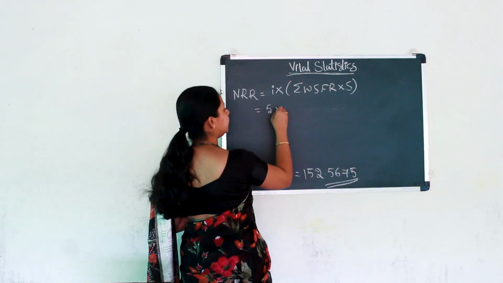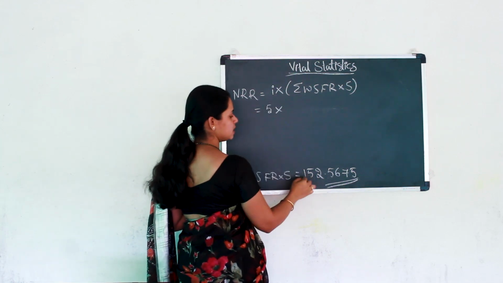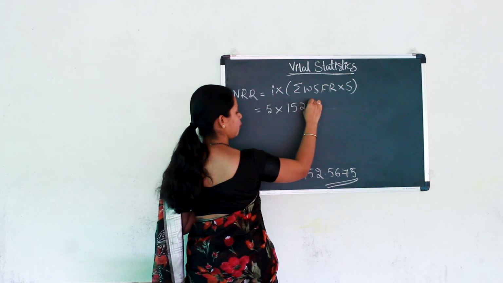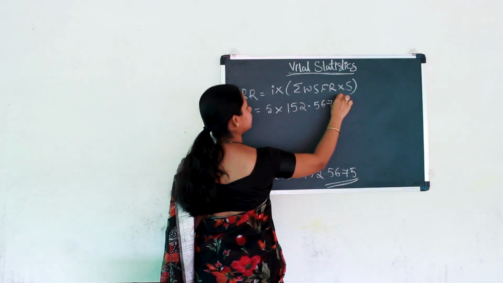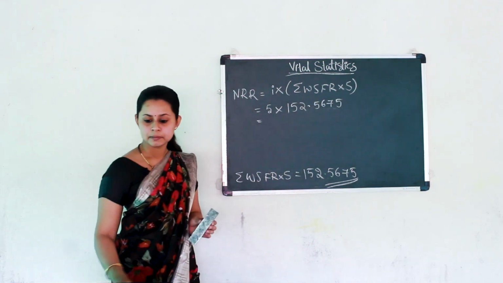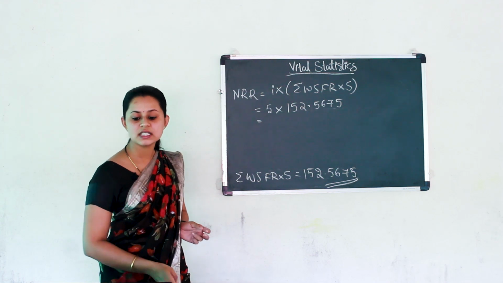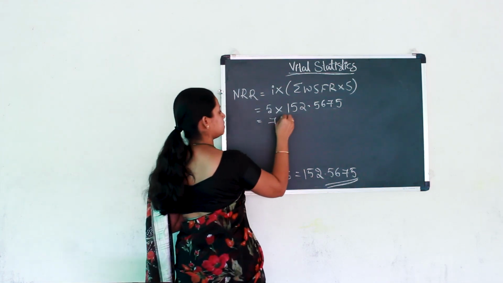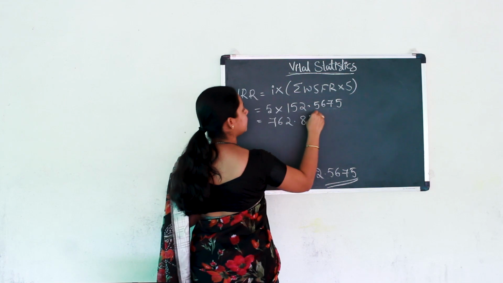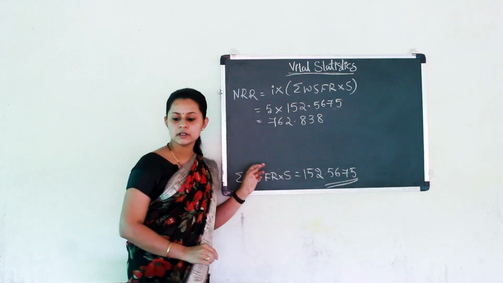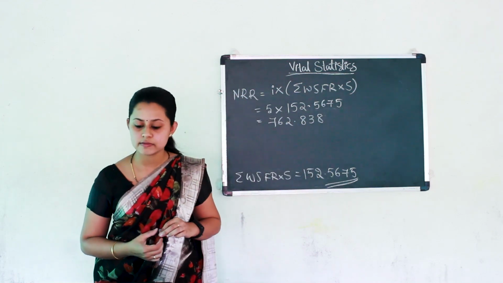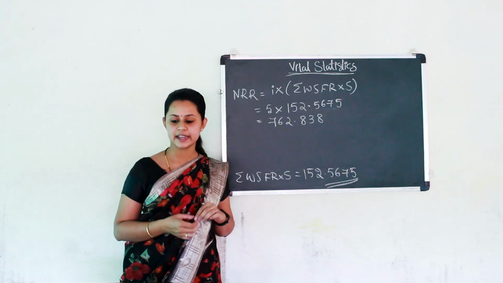So 5 into the WSFR into S total, 152.5675, and the answer is 762.838 female births per 1000 women of childbearing age.